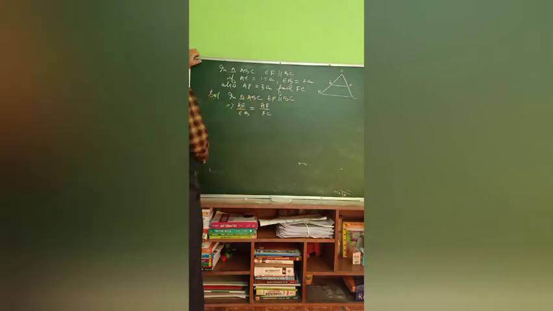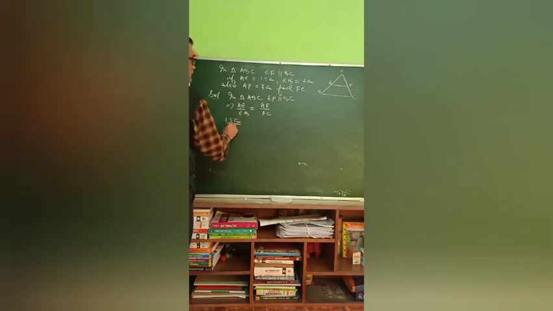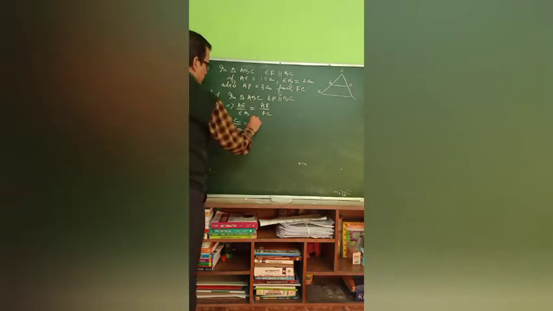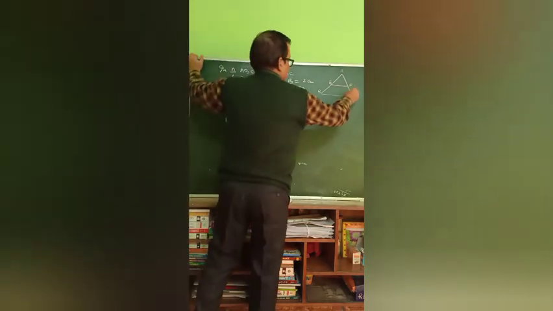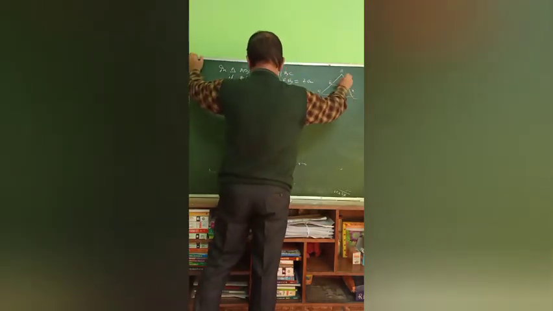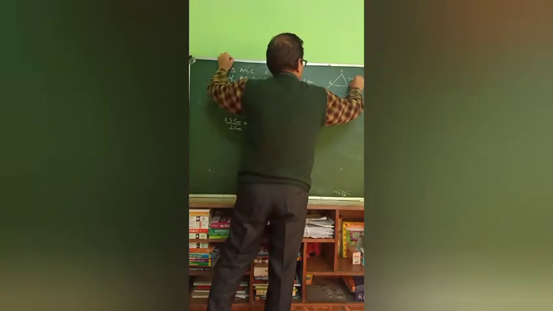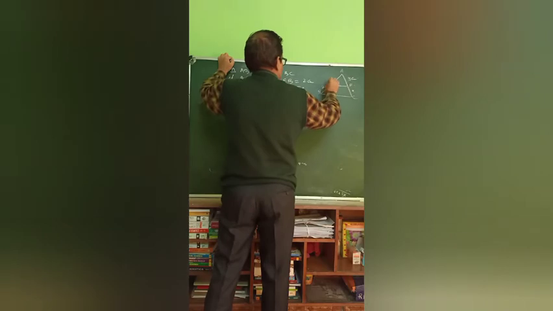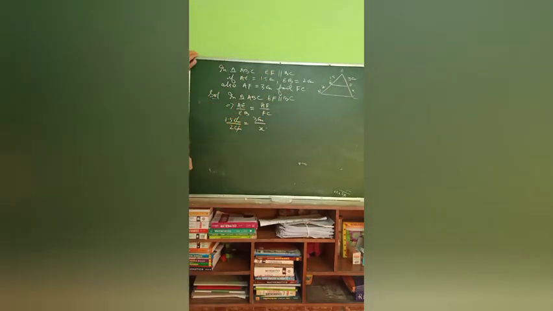So let us put the values. AE is 1.5 centimeter upon EB is 2 centimeter is equal to AF is 3 centimeters upon FC, let this be X. So centimeter gets cancelled.